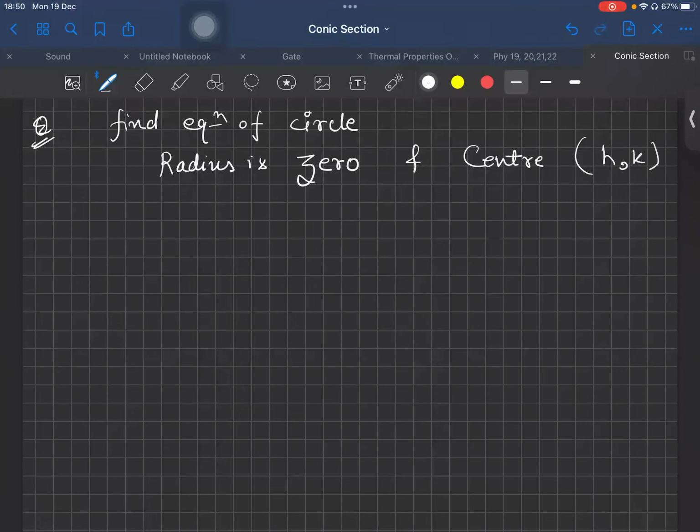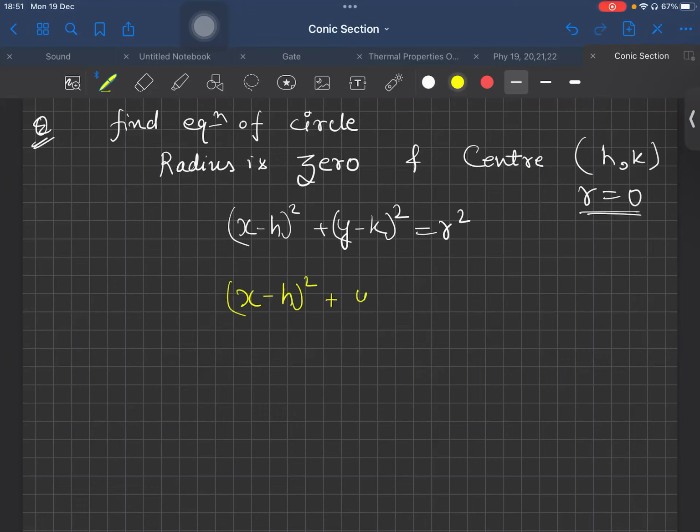Find out the equation of the circle. That means x minus h square plus y minus k square is equal to r square. That means r is 0, isn't it? Radius is given as 0, no? Yes, sir. So simply it will become x minus h square plus y minus k square is equal to 0.